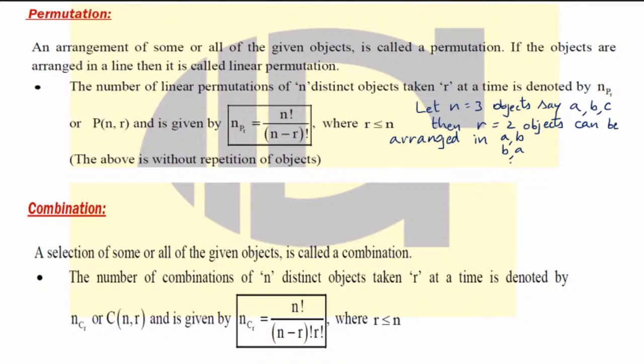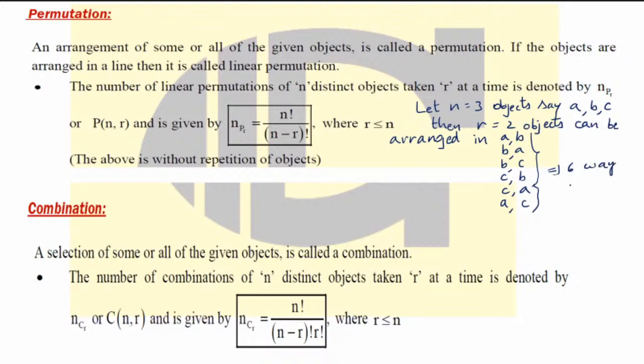That is, order is important. A, B and B, A are both different. B, C; C, B; C, A; A, C. Total ways: this is 6 ways.